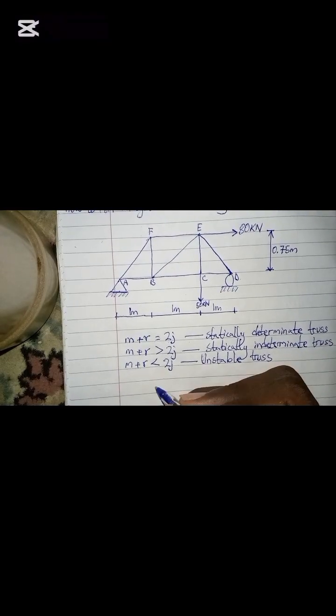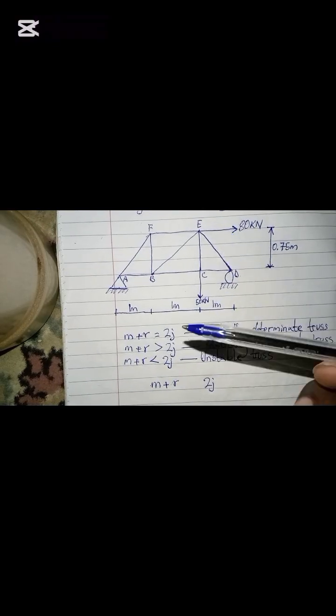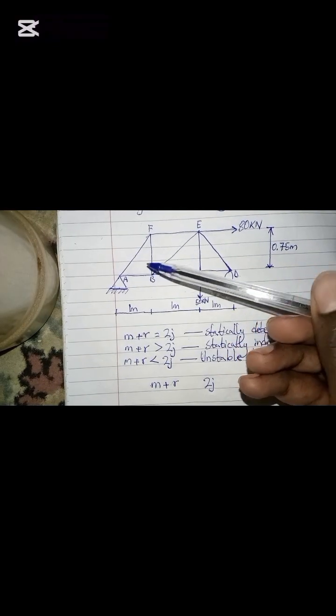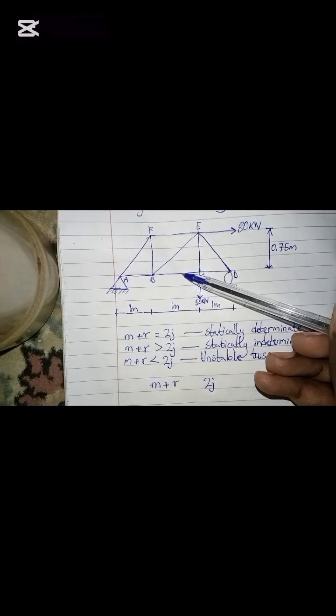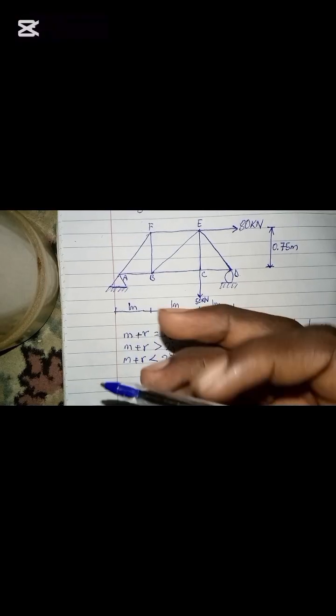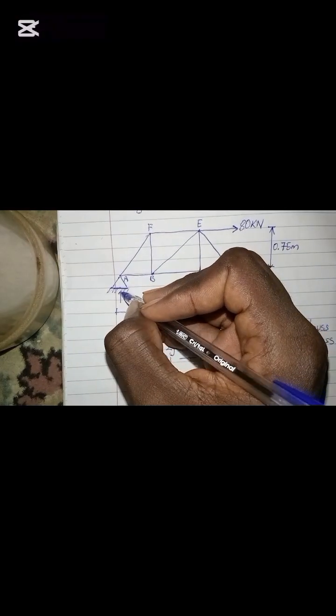So M plus R versus 2J. We know M is the number of members. So what is the number of members? 1, 2, 3, 4, 5, 6, 7, 8, 9. You have 9 members. So how many reactions do you have?